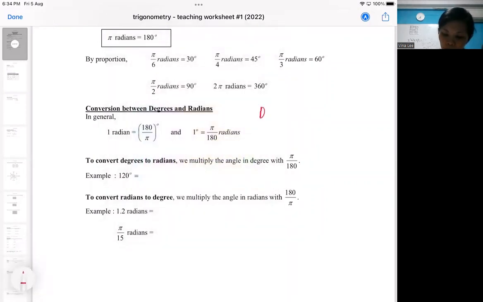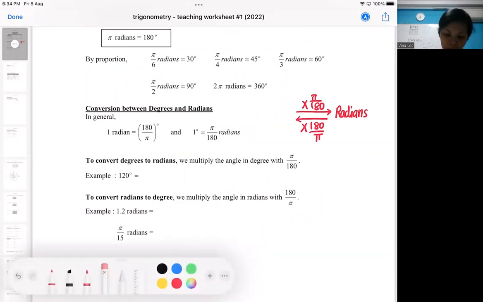If you want a quick one, we can do a summary like this. From degree to radian, you just multiply by pi over 180. If you're going backwards, you multiply by 180 over pi.